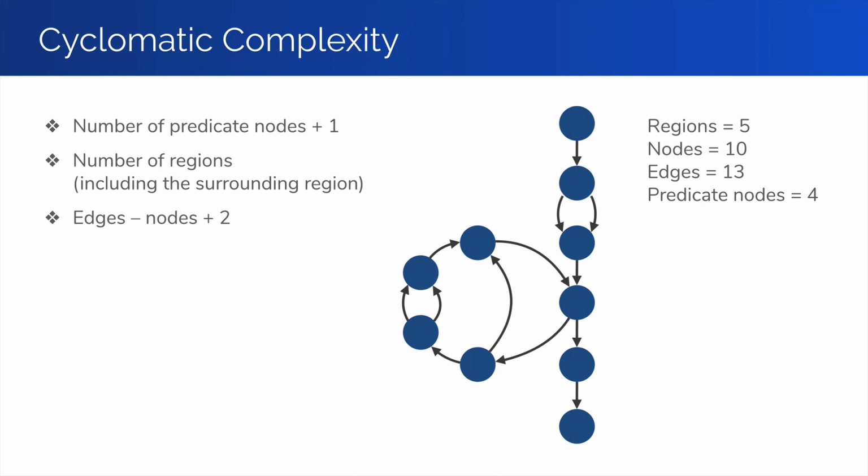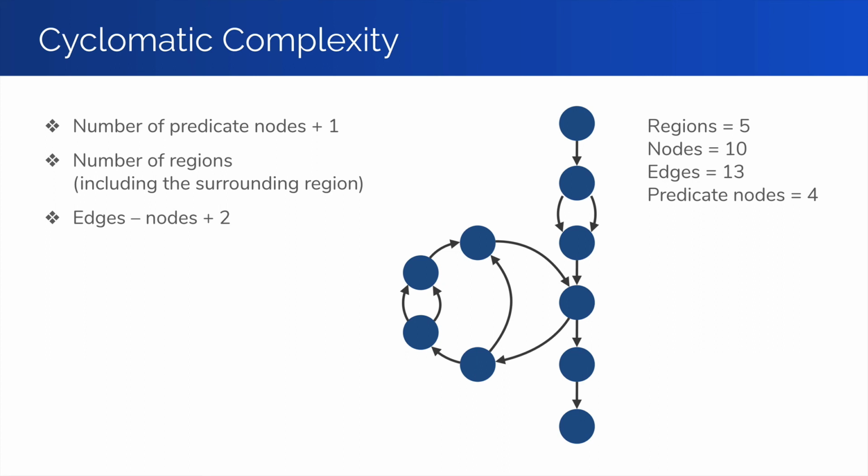Just count the number of conditions in your code and add 1 to it. For example, in this code, there are 3 conditions coming from an if statement and 1 condition coming from a while loop. That makes 4 conditions. And each of those conditions, by the way, is represented with a predicate node in the graph. Add 1 to this number and you get a cyclomatic complexity of 5.